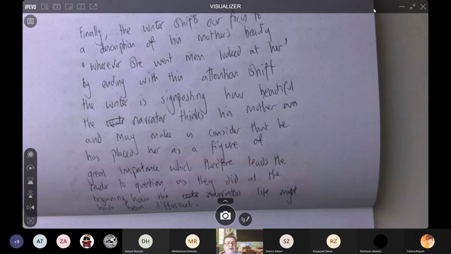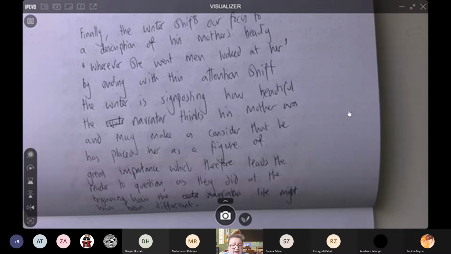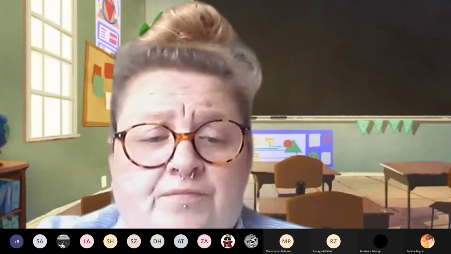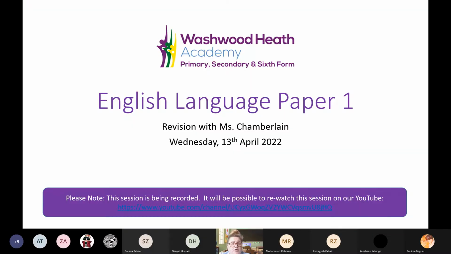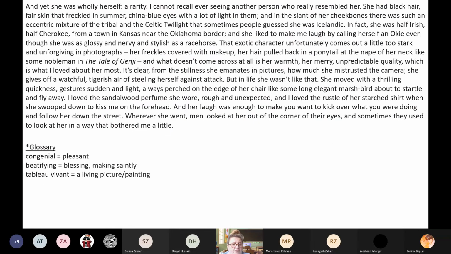It's not going to set the world on fire, it's not groundbreaking, but it focuses absolutely on the extract and it focuses only on structure, and therefore it is going to allow you to pick up marks for structure, okay? 5 out of 8 in 10 minutes is a perfectly acceptable score on this question, because what you want to do is make sure that you are going to be able to move forward quickly onto question 4, and it's that part, question 4, which we're going to focus on now. So that was a very quick walkthrough of question 3.